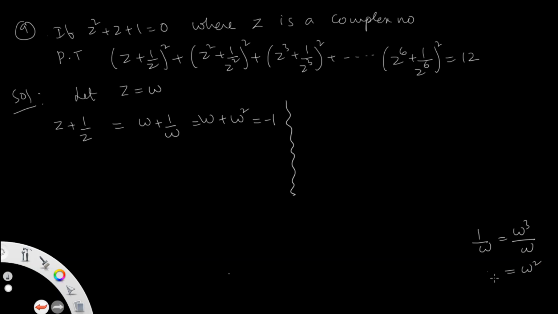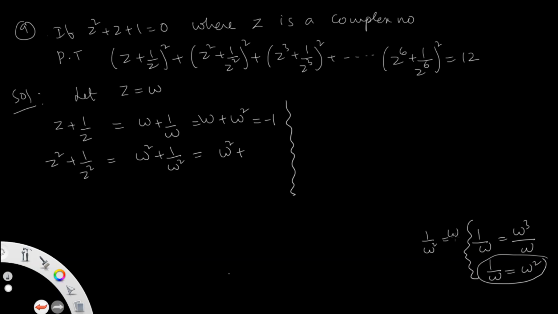Therefore 1 by omega equals omega square. Similarly, z square plus 1 by z square equals omega square plus 1 by omega square, that is omega square plus omega cube by omega square, nothing but omega. So 1 by omega square is omega. Then it is also minus 1.